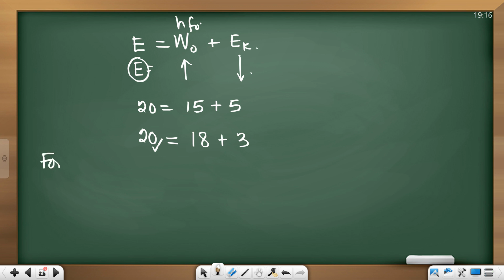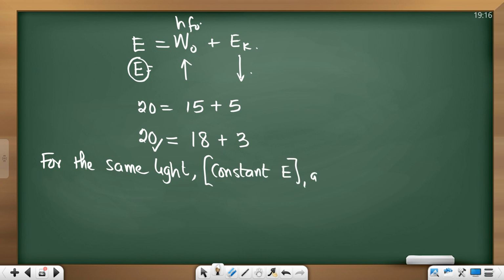So I'm going to say, for the same light, which means constant E, an increase in f naught increases the work function.